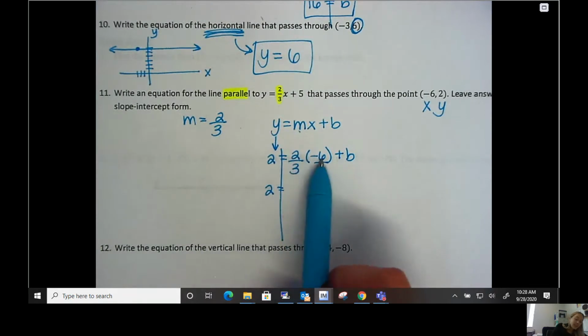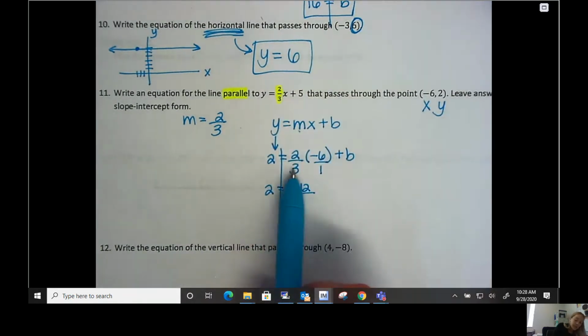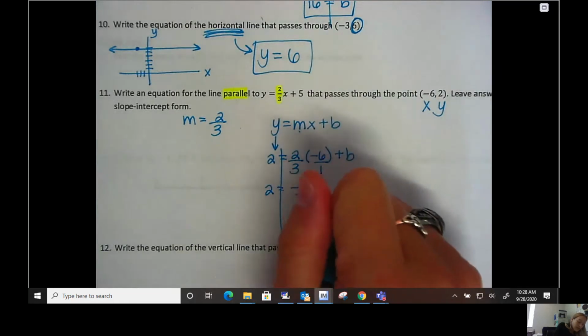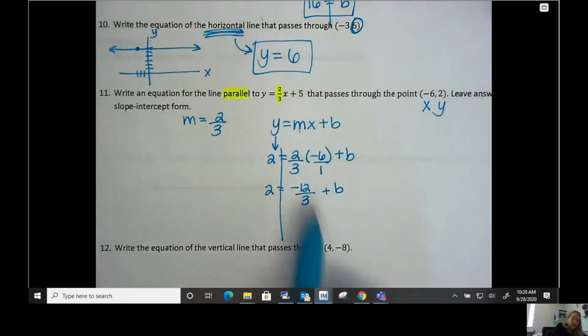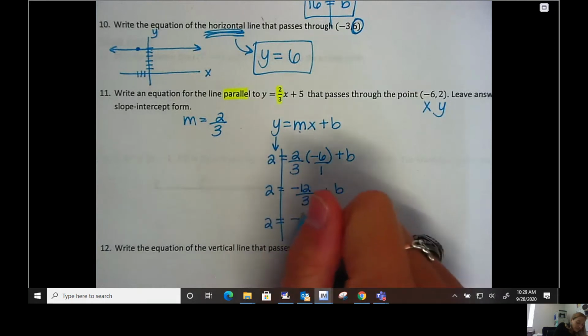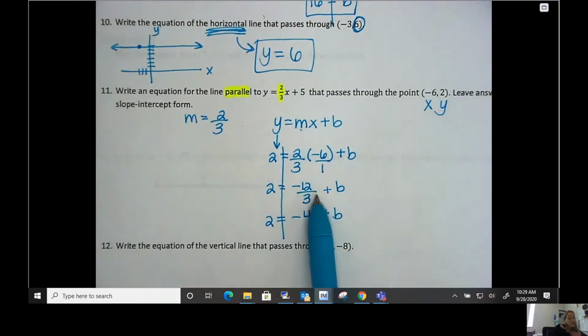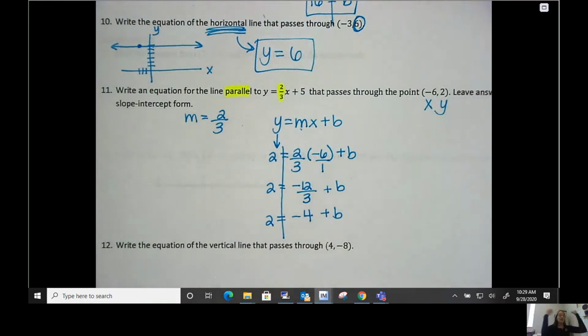So 2 times negative 6 gives me negative 12. 3 times 1 gives me 3. Negative 12 divided by 3 gives me negative 4. And every time you get a fraction, at least for our sake, you should get a really nice number to come out. So if you don't get a nice number, you're probably doing something wrong.